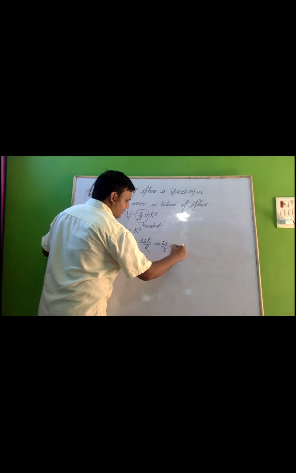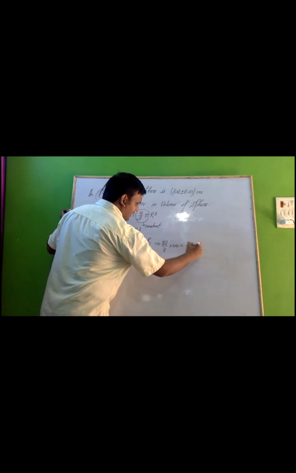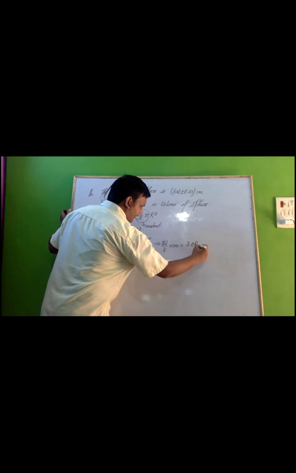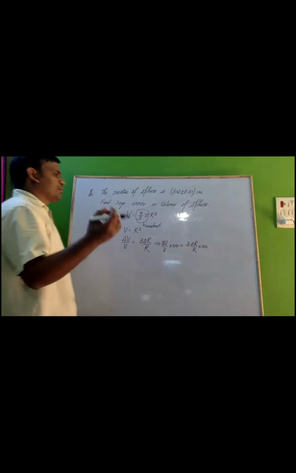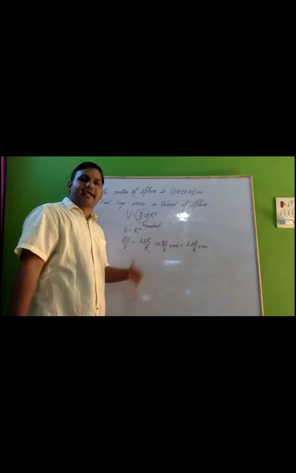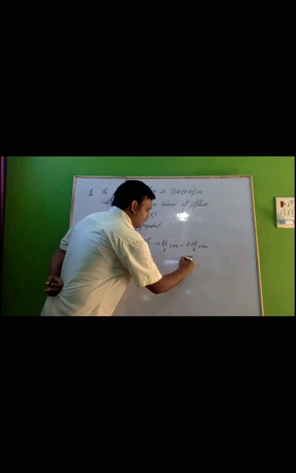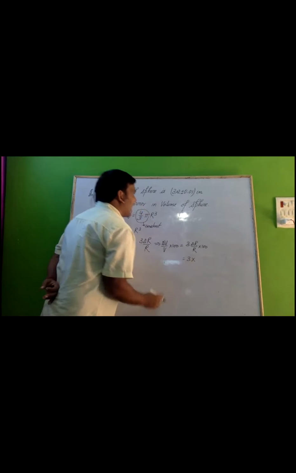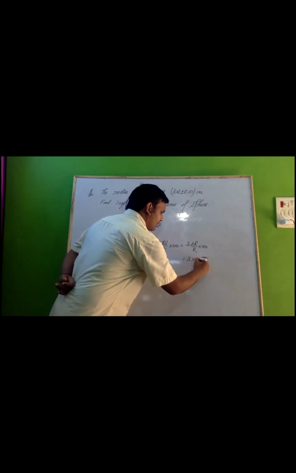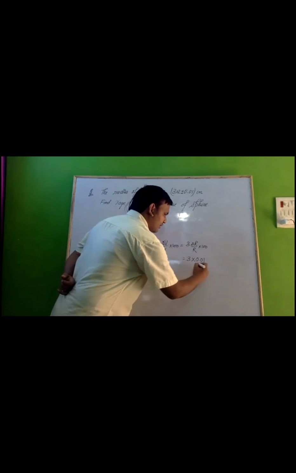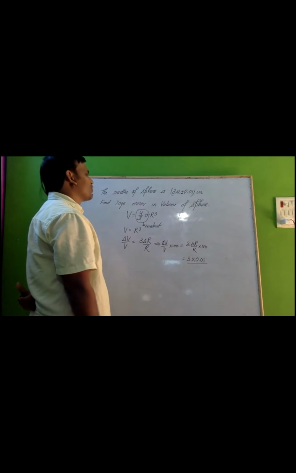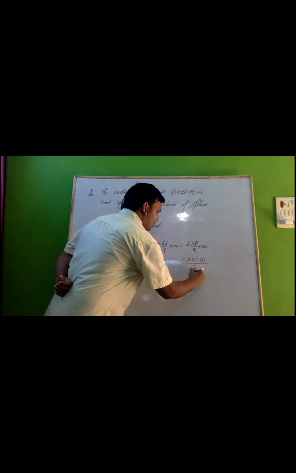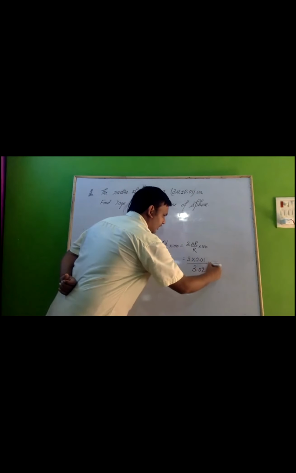Delta v by v into 100 is thrice of delta r by r into 100. So you need to put the values of delta r and r. This will become thrice of delta r, which is 0.01, and r is 3.02, into 100.